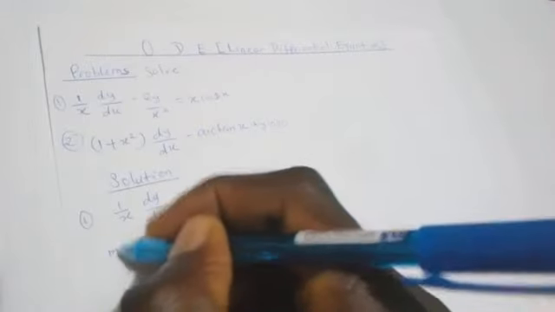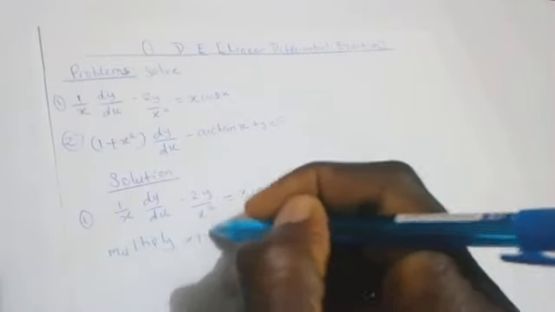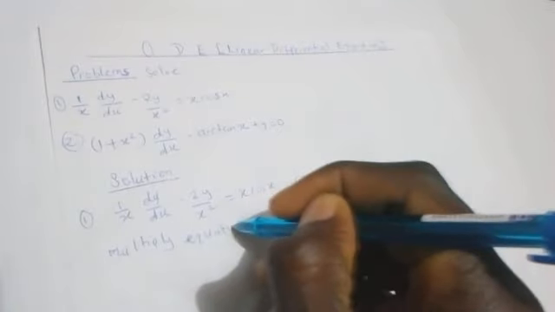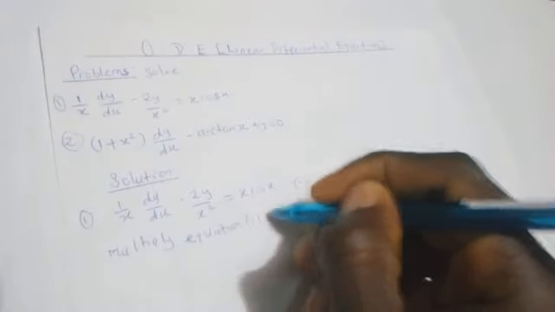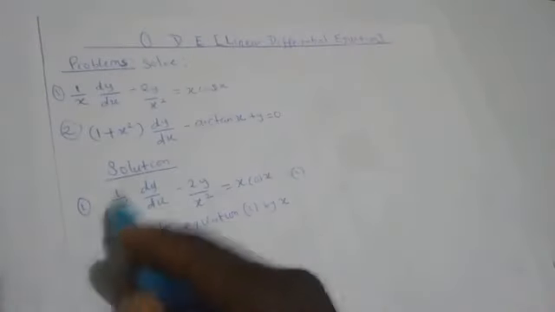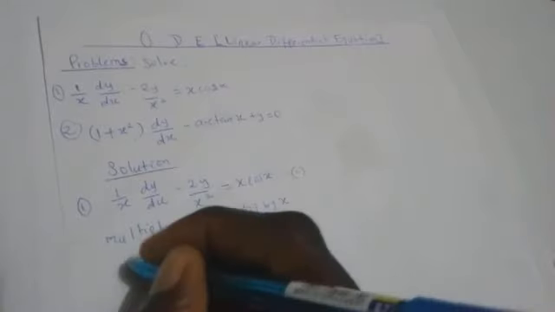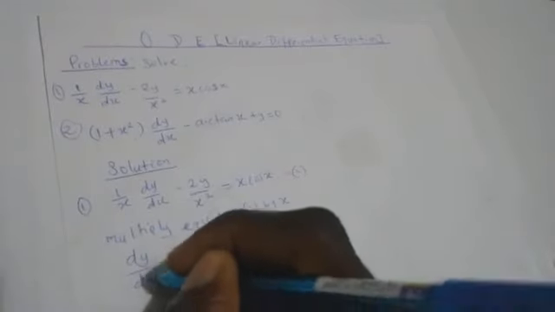Let's call this equation 1. So multiply equation 1 by x. If I multiply all through by x, 1/x times x gives dy/dx.